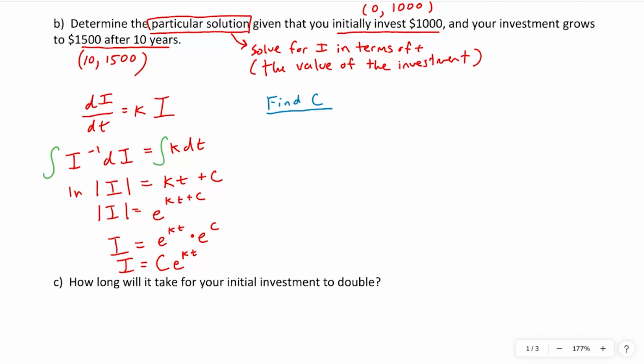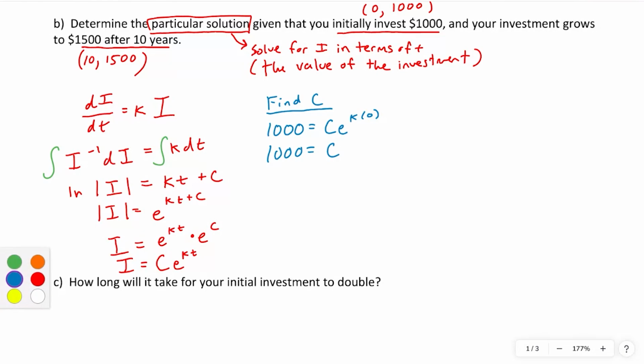Because if the investment's worth $1,000 when T is 0, well, K times 0 is 0. E to the 0 is 1. So 1,000 equals C times 1. Again, if you remember back to Algebra 2, this initial investment should be this coefficient of the exponential function. So that sort of checks out, yeah?